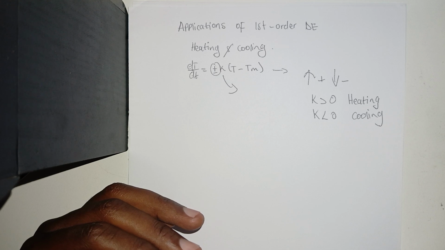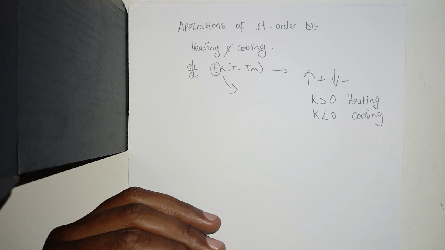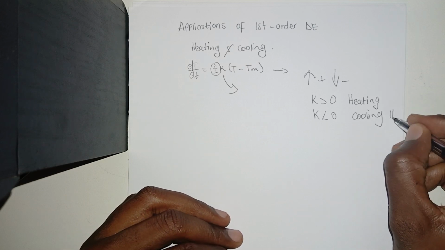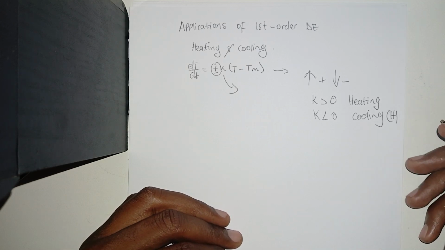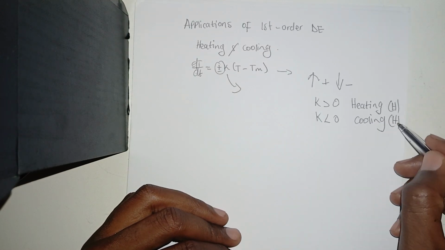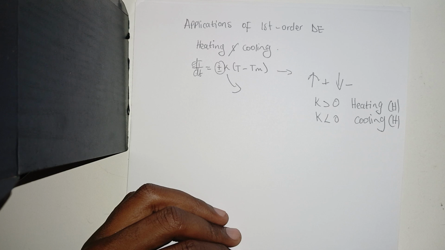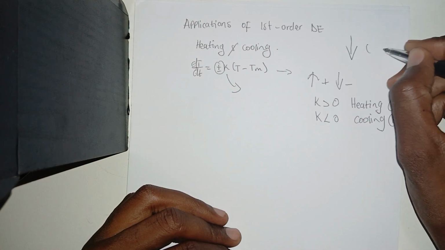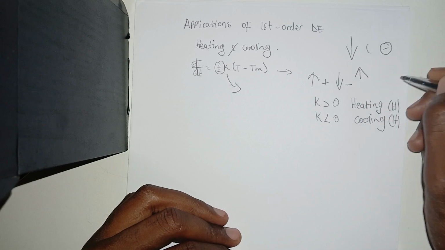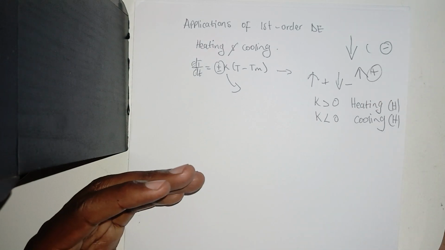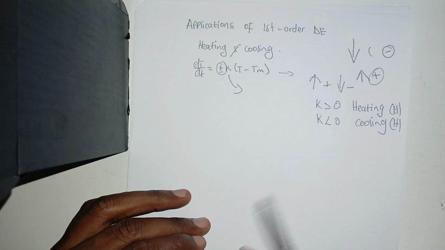When the temperature is increasing, it's heating, which is positive. When the temperature is going down, it's cooling, which is negative. So that's how you can choose the sign.